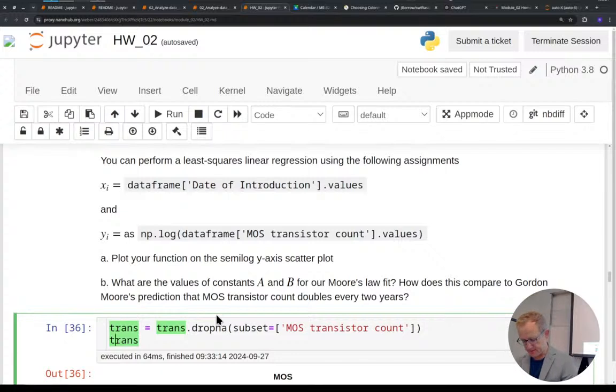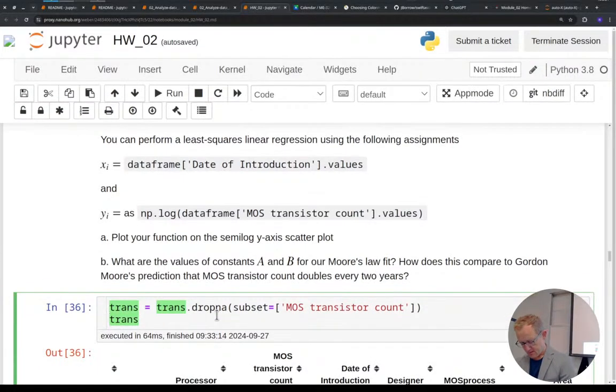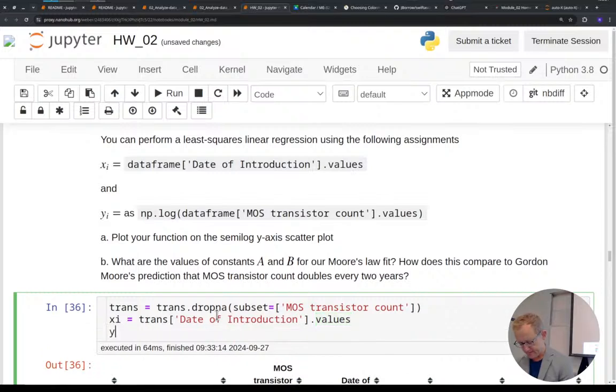All right, so let's say my X data points are going to be those dates of introduction, and might as well turn them into values, right? MOS transistor count, and we'll turn that into values.